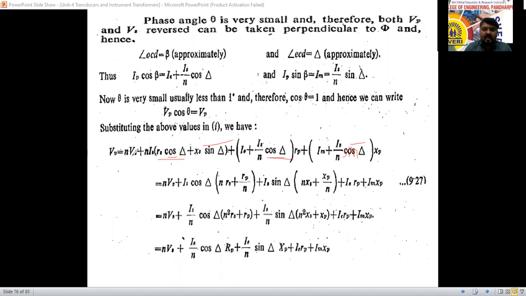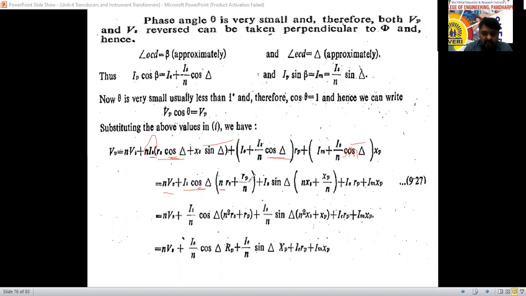What I will do, I will write NVS as it is. I will write here now. So IS cos delta, here IS as already we have taken outside. The cos delta also I will take outside here. So N is sent inside here. NRS, the term left. NRS I have written here. And from here we can consider this one, IS by N is there. Yes or no? IS by N here.